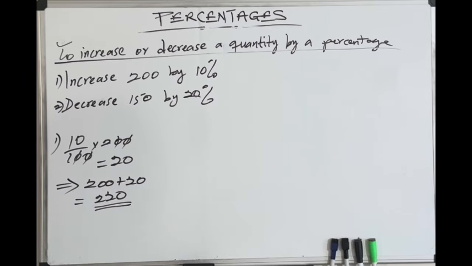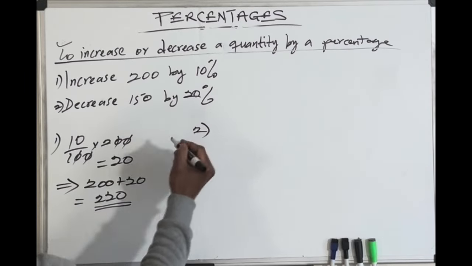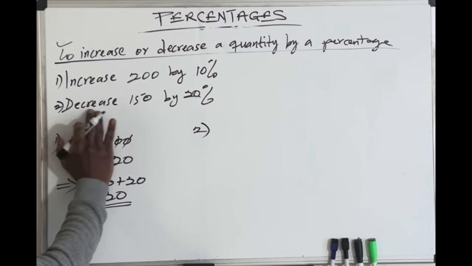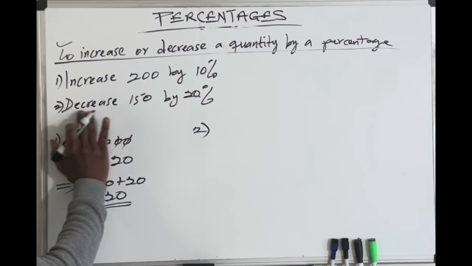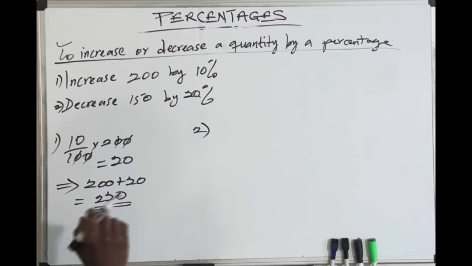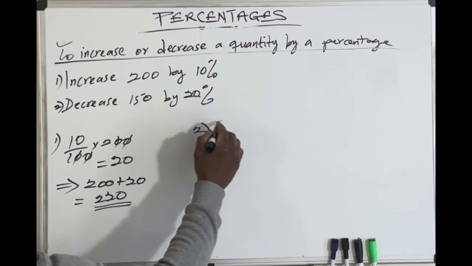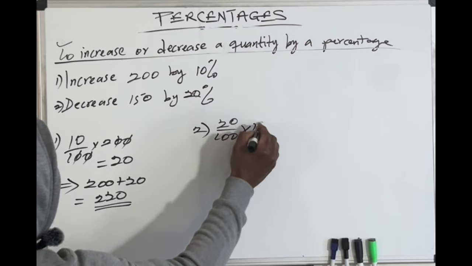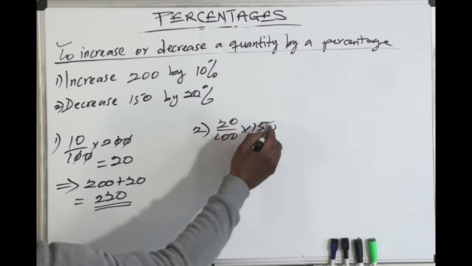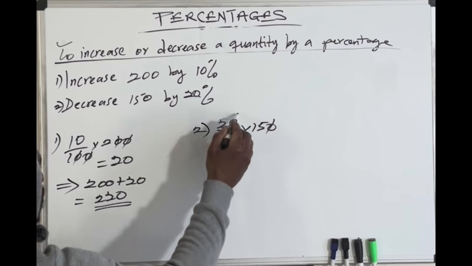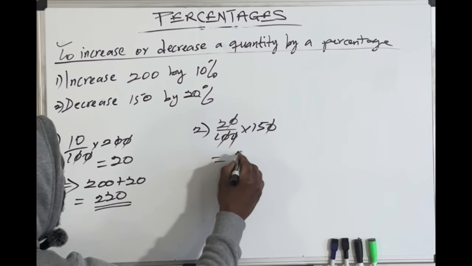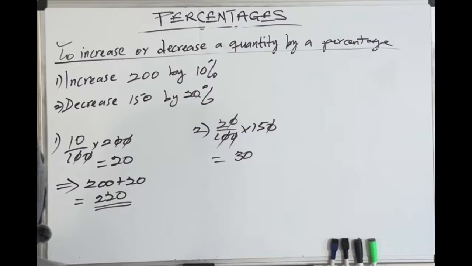Let's go to question 2. The same process, but this time around, note this one is a decrease, which is subtraction. So 20%, so 20 over 100 times 150. This zero cancels this zero, this zero cancels this zero. 2 times 15 is 30. That's not the final answer.